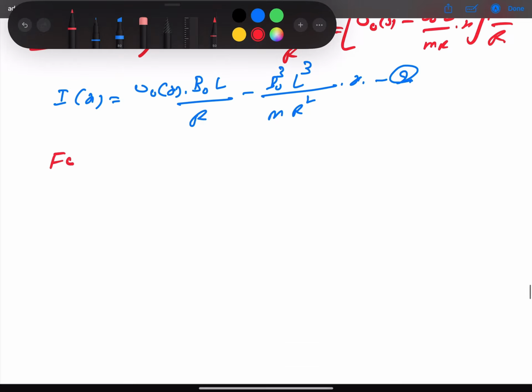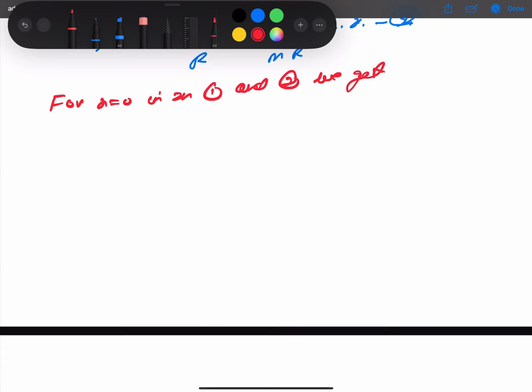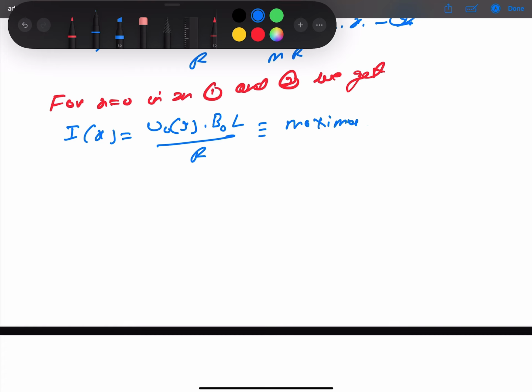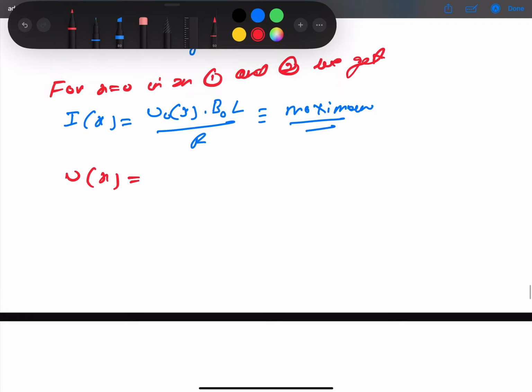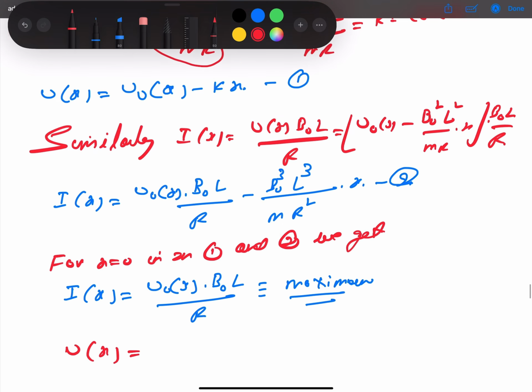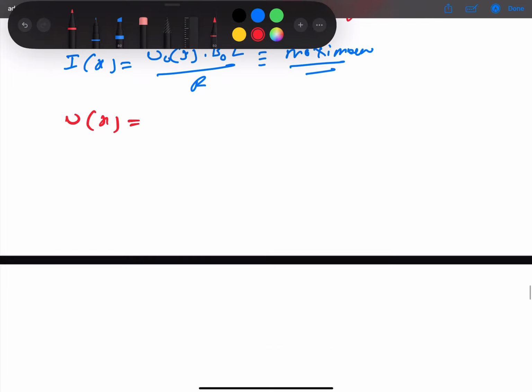So for x equals 0 in equations 1 and 2, we get I of x will be equal to v naught x B naught L divided by R, and this is nothing but maximum, and our V of x will be equal to V naught x, and this will also be maximum.